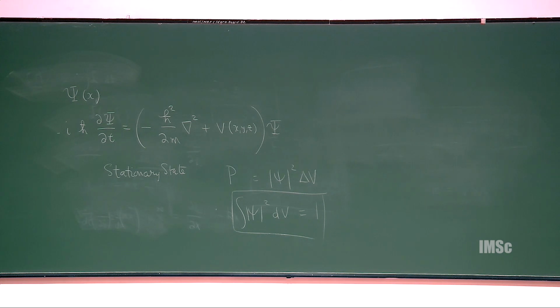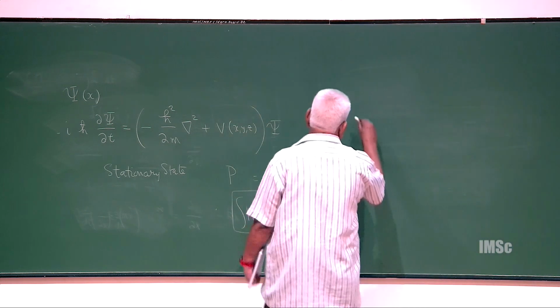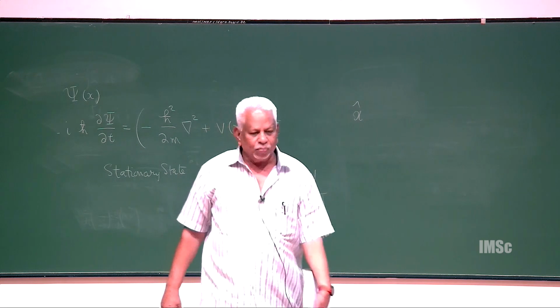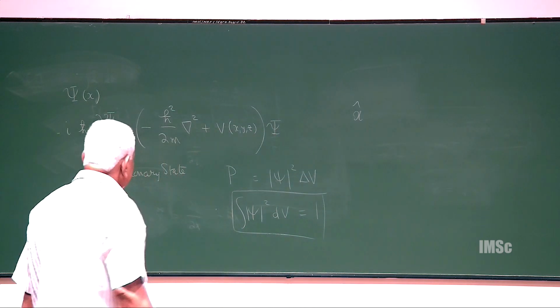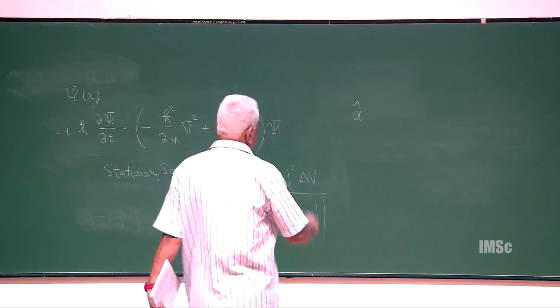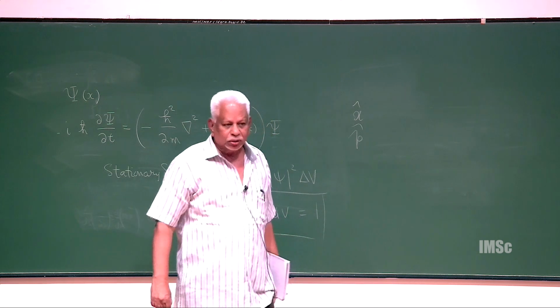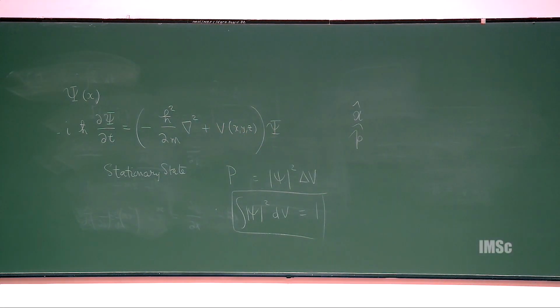Correspondingly, he said that corresponding to x there is an operator called x hat, and there is an operator called p hat, or px if you want. There are two operators in this case of one particle, x hat and p hat.